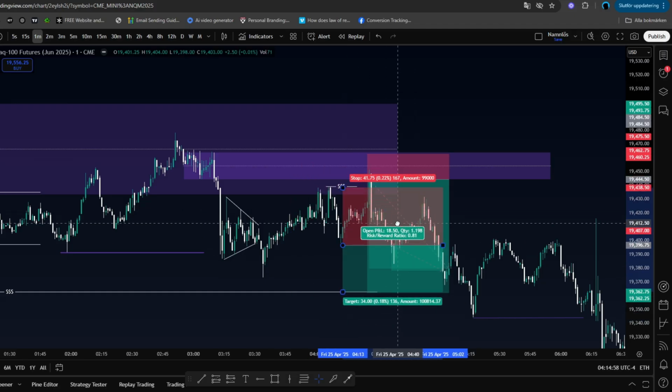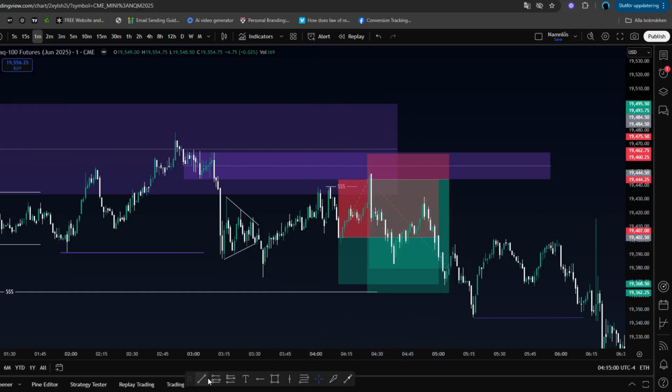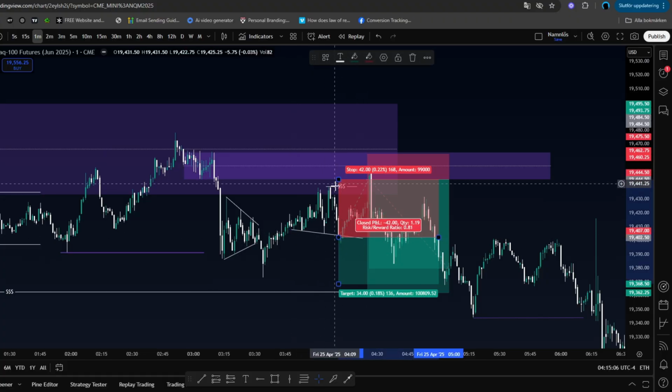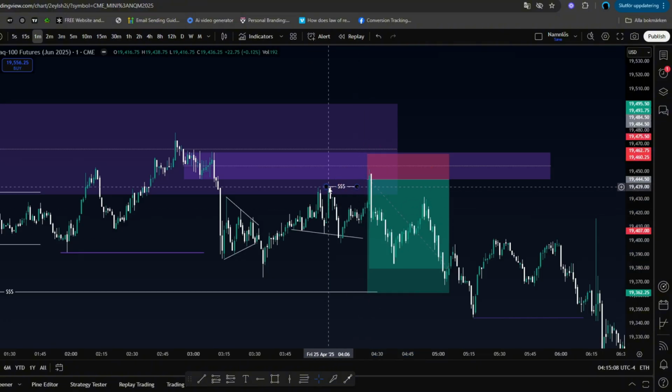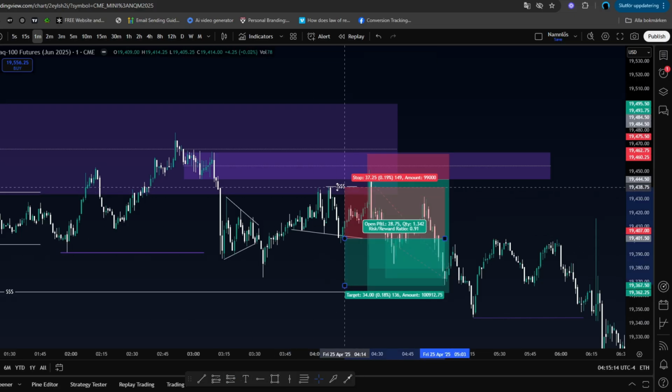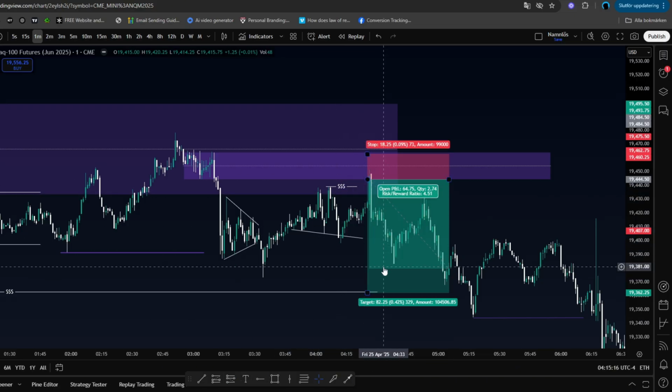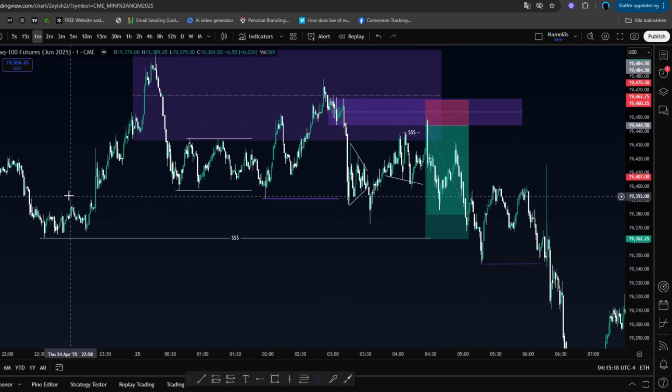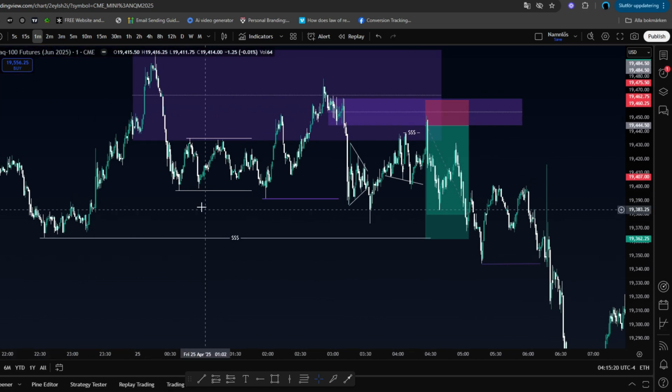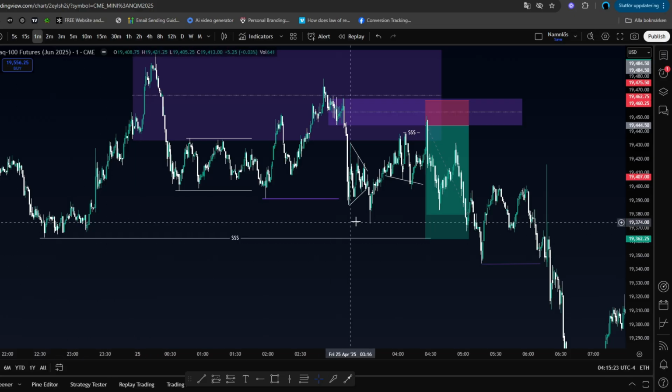We get another pattern here. Notice how this one breaks this trend line here as well, right? Even more stops. So they fake out bearish, take out the stops they engineer for retail, and then we fall down into our higher time frame draw, which is where retail has their stops.